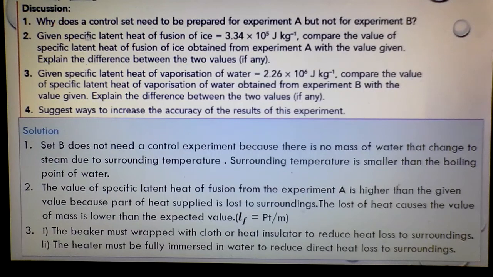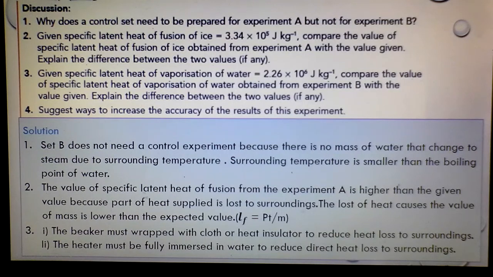Number 2, given specific latent heat of fusion. Here, compare the value of specific latent heat of fusion obtained from the experiment and the value given. Explain the difference between the two values, if any. So number 2 and 3 are the same. The question is quite the same, so the reason is quite the same.